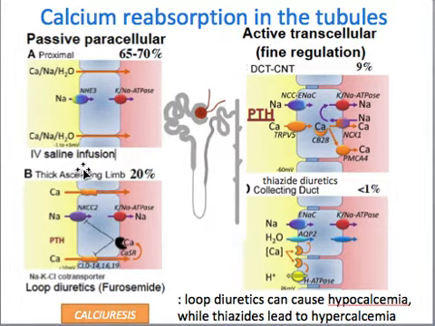So your saline infusion and your loop diuretics can cause hypocalcemia.